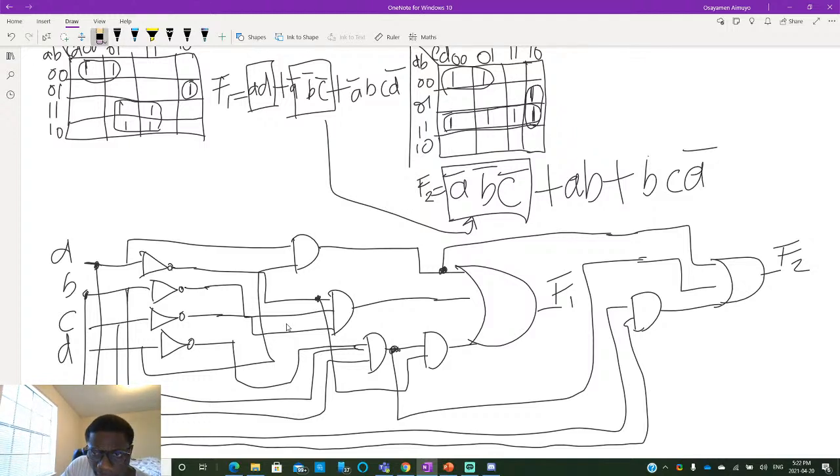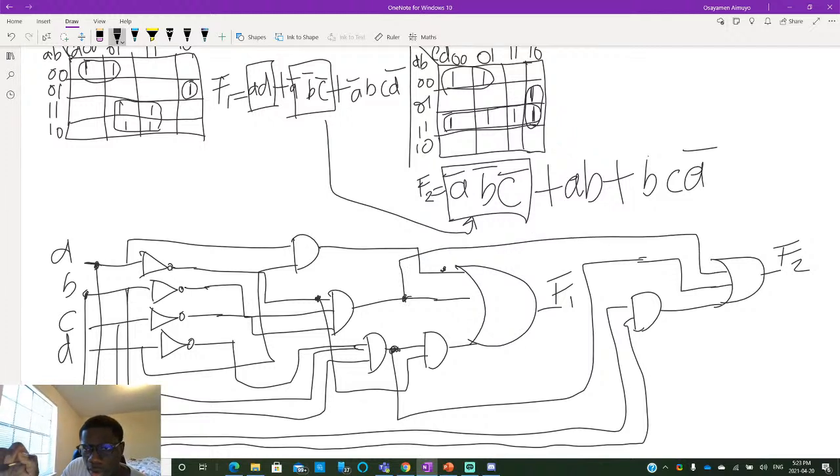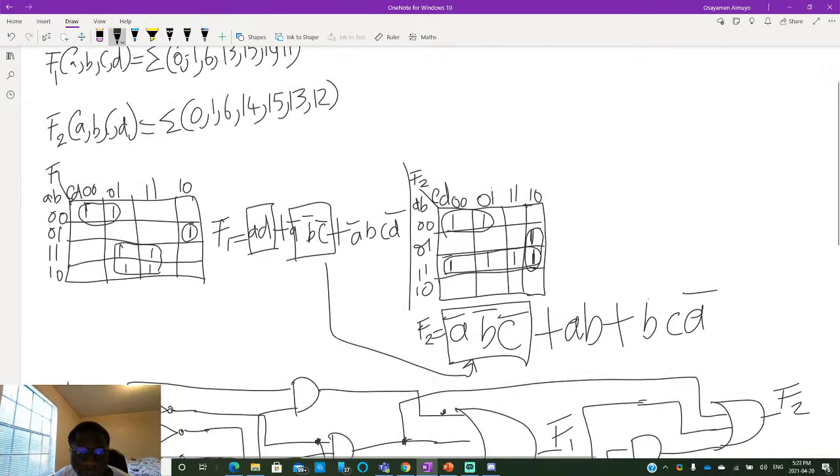So we take this one off. C bar. And AB as well. Do I already have that? Let me check. So BCD bar as well, and then AB. So yes, this should be the correct diagram and the correct simplification as well.